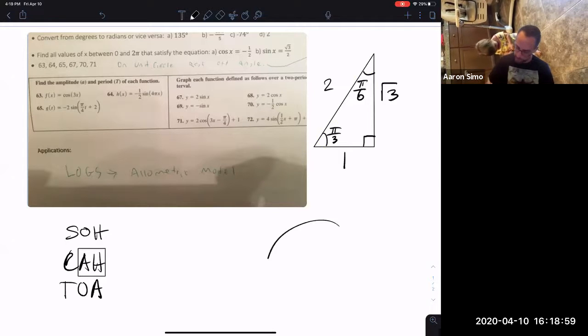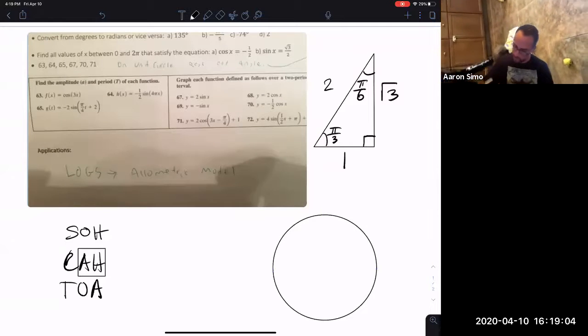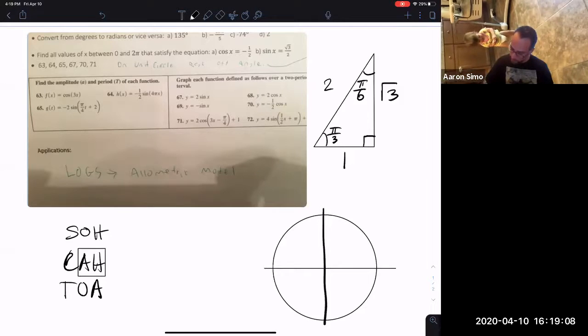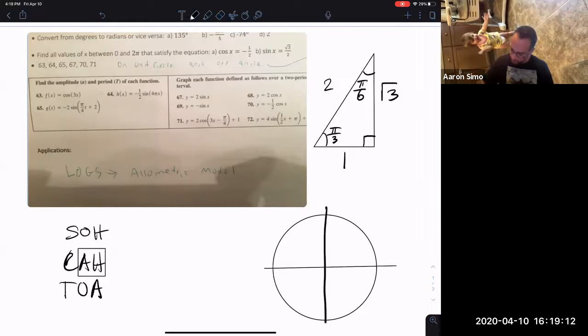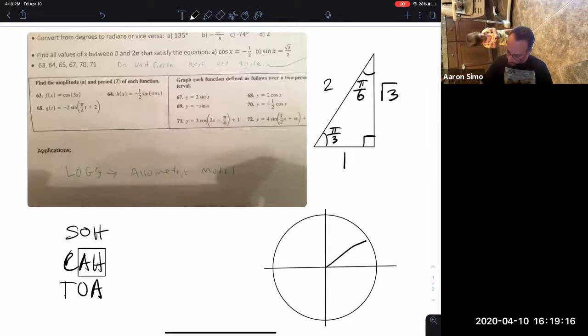Hold on, let me draw a circle. My circle drawing skills are kind of weak right now, but let's see. If you have the circle of trig, another good way to think about it is to break the circle up into thirds.